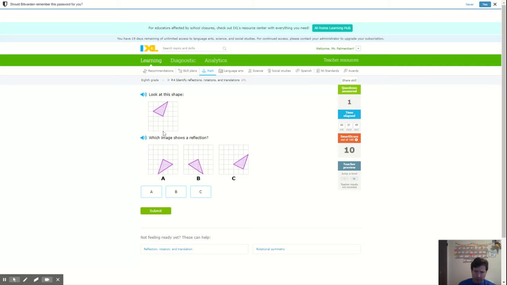Okay, and then this one here, they want to know which one shows a reflection. Sometimes this can get kind of tough because you're looking for that mirror image. But you can also do it like this, because you know the line of reflection.